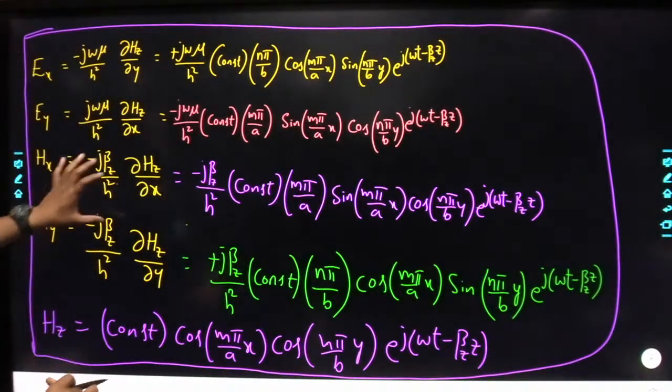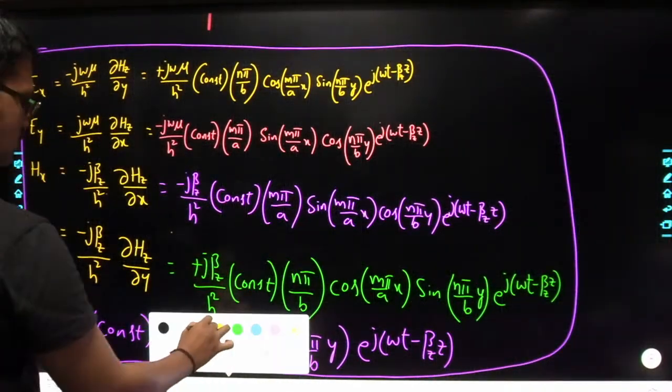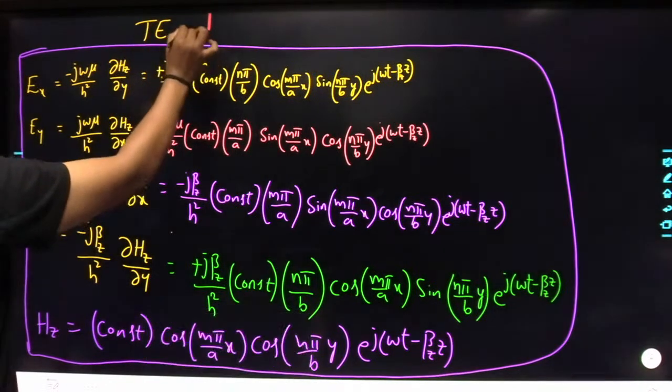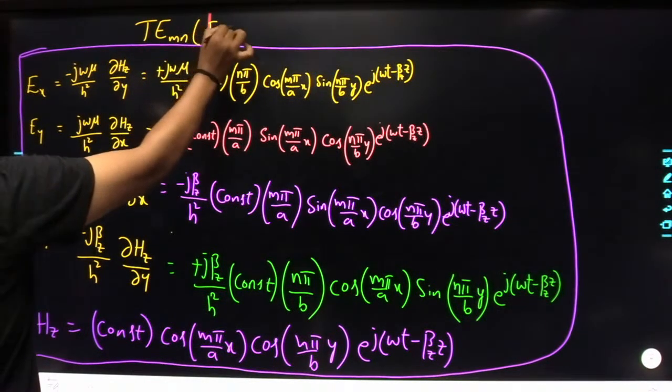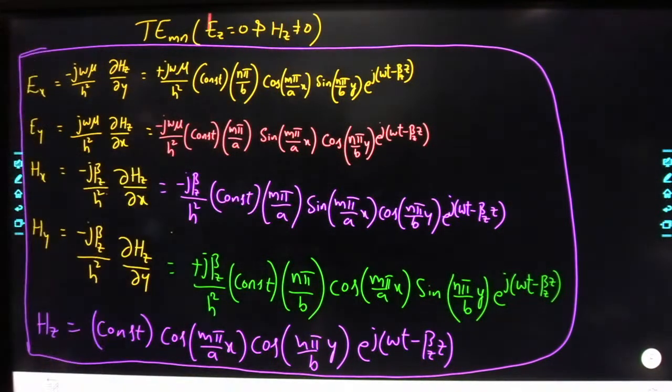I have written all the field components of TE mode here. So this is TE m n, where Ez is equal to 0 and Hz is not equal to 0.